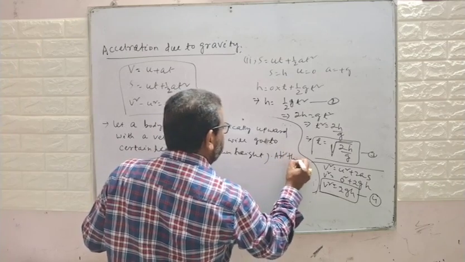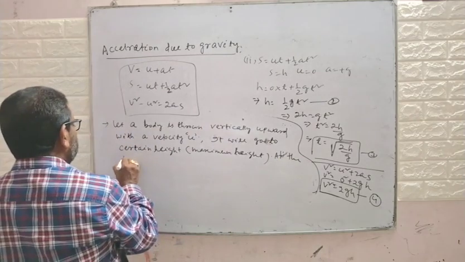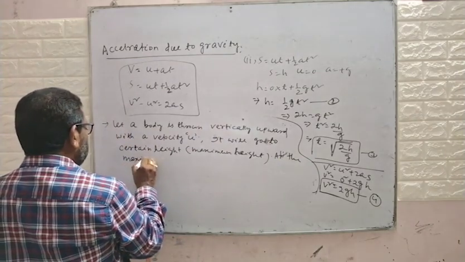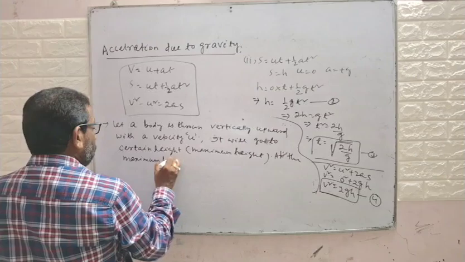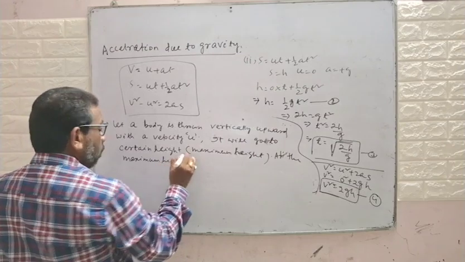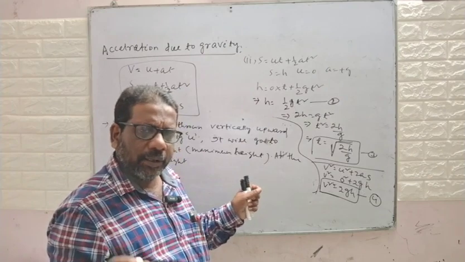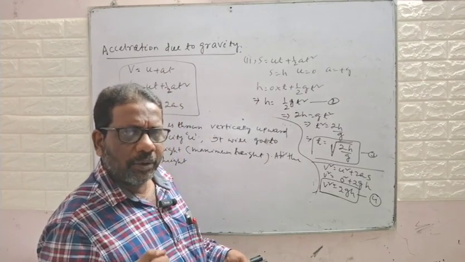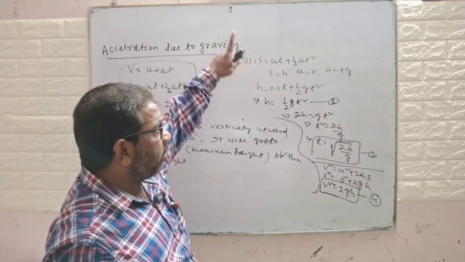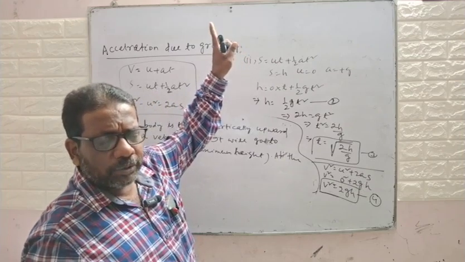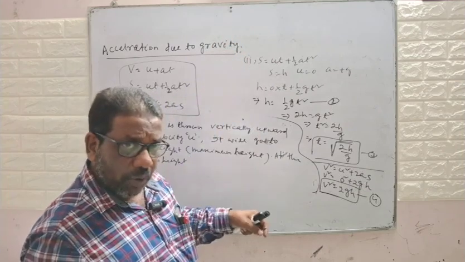At the maximum height, what will be the velocity of the body? The velocity of the body becomes 0, because further it cannot go upward, it comes downward.